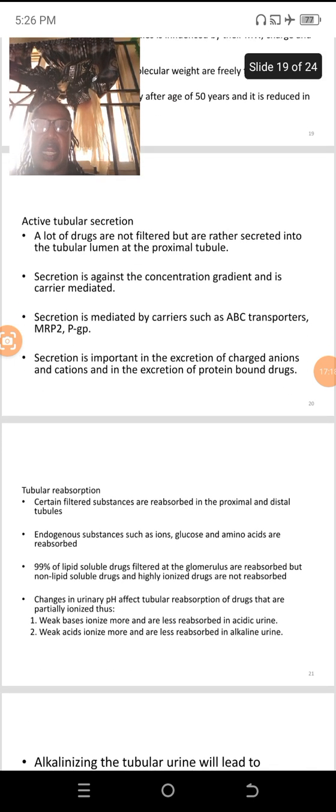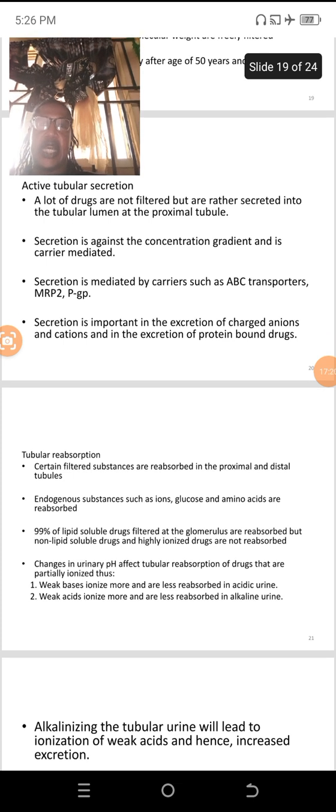Then for tubular reabsorption, certain filtered substances are reabsorbed in the proximal and distal tubules. We should know that endogenous substances such as ions, glucose, and amino acids are almost completely reabsorbed.